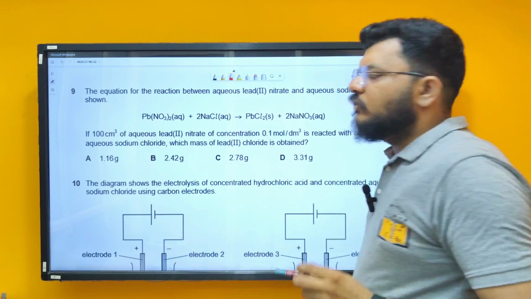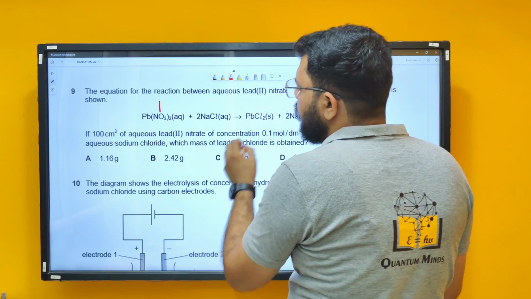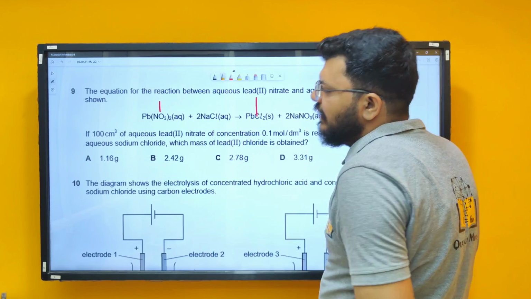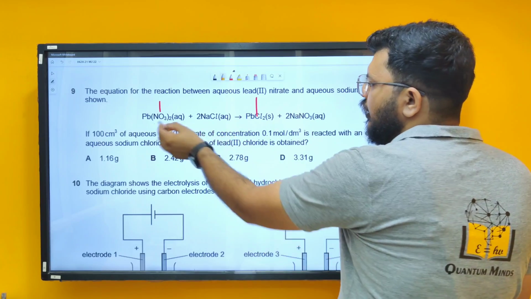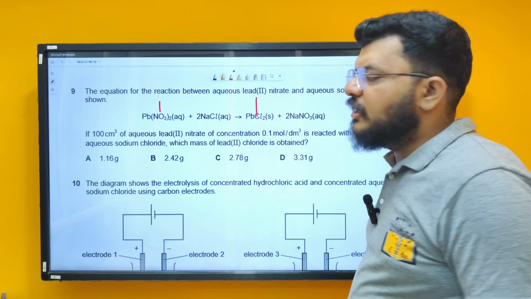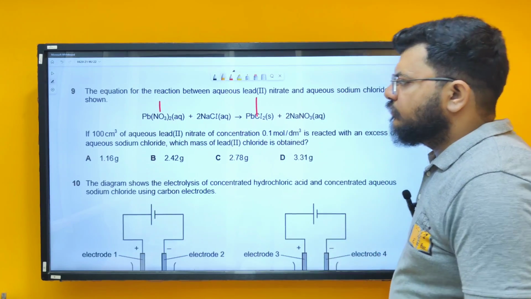First, we have to find the molar ratio. So what do we have? 1 mole of this will produce 1 mole of this, right? Let's check that the equation is balanced. Lead 1, chlorine 2, sodium 2, NO3 twice. Yes, the reaction is balanced, right? This is a 1:1 ratio, which is the correct ratio.